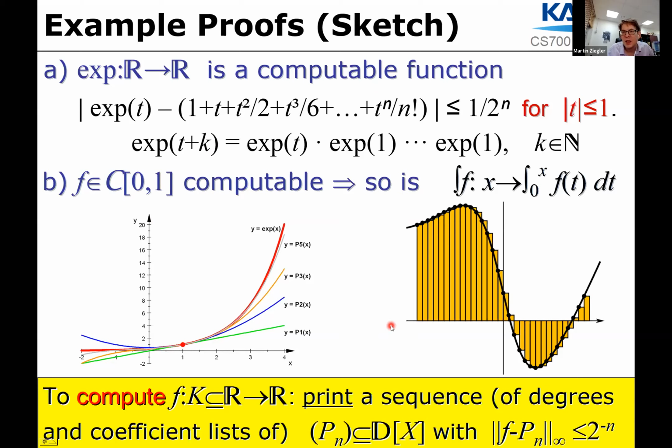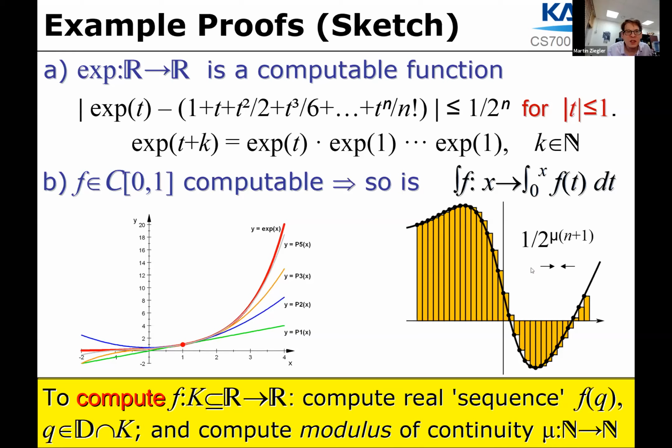And this is where our modulus of continuity again comes to help. Namely, so here you see the width of these individual segments, and the statement says, let's make this width have error bound 2 to the minus mu of n plus 1, where mu is a modulus of continuity of the original function.